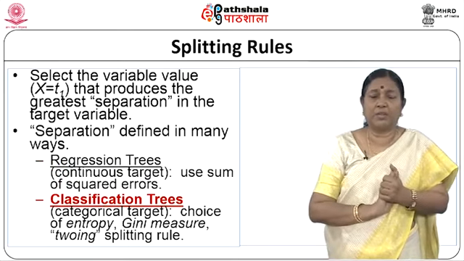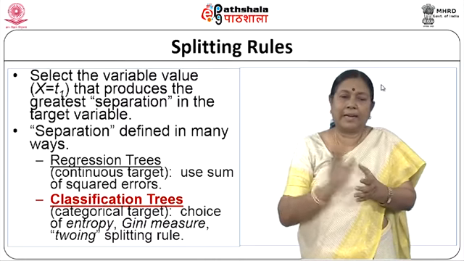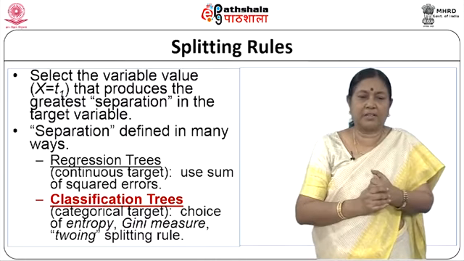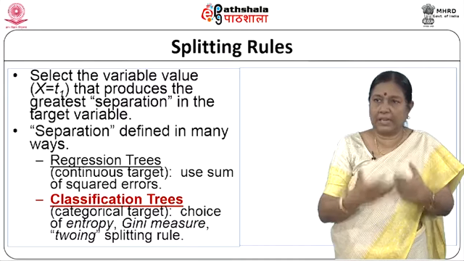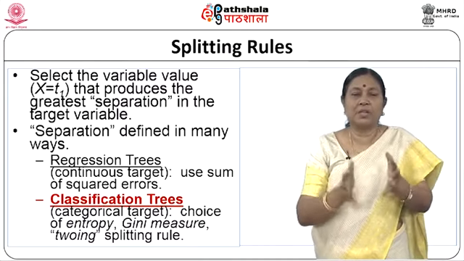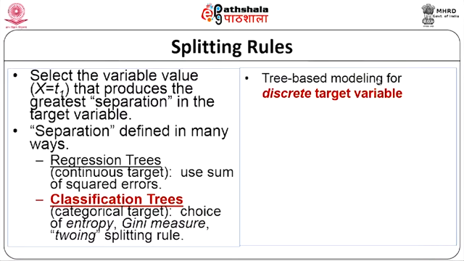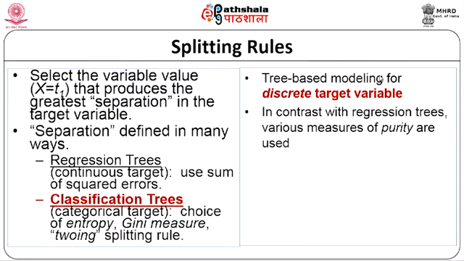In a regression tree, use sum of squared errors; we will come to this later, we are not discussing that here. In a categorical target, that is classification trees, the choice of entropy, Gini measure or Twoing splitting rule is used. We will come into detail about this. So, how do you decide on the separation or the purity of the subset? Tree based modeling for a discrete target variable: in contrast with regression trees, various measures of purity are used.